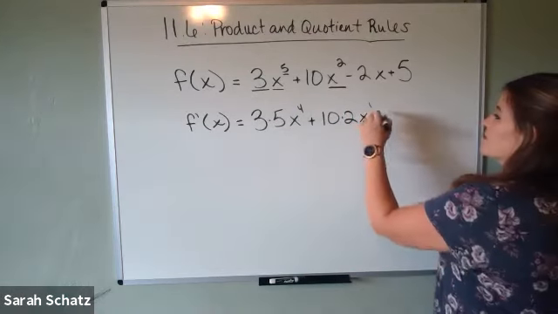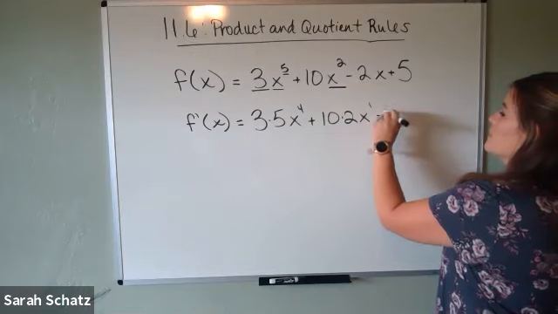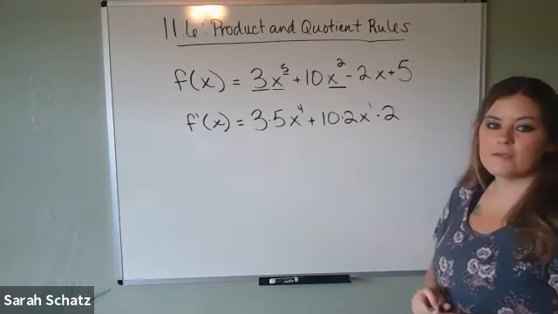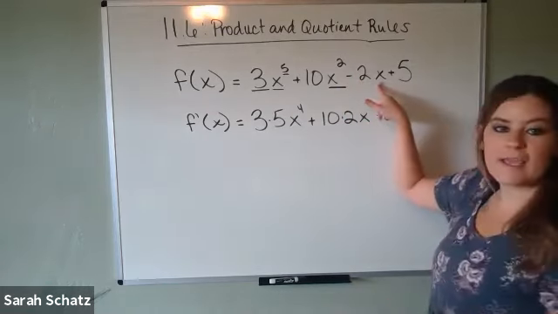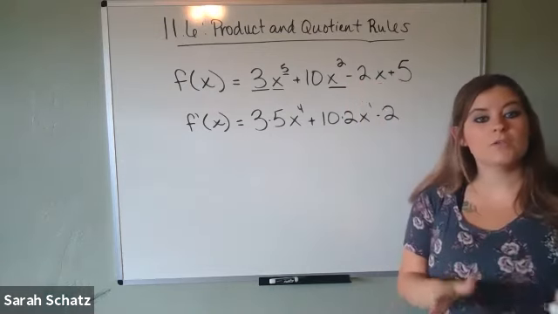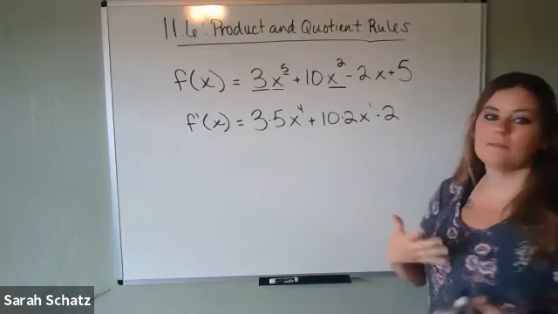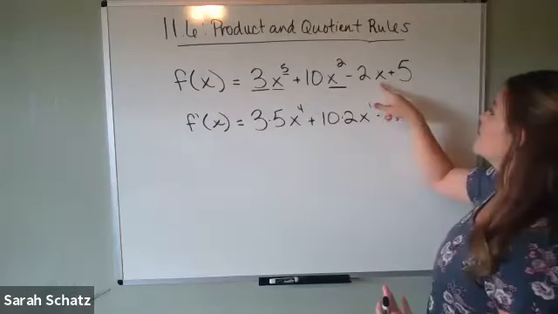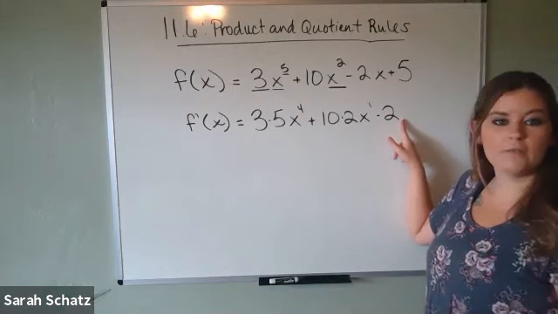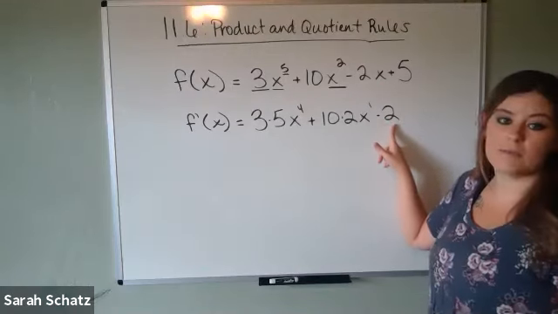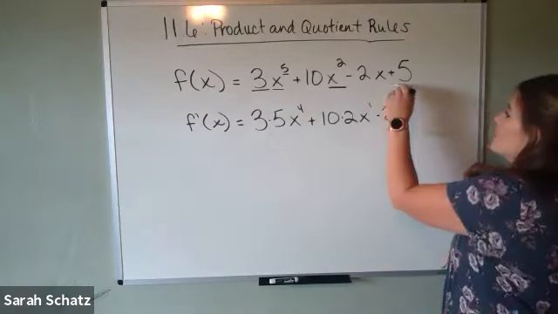On the 2x, so I have minus 2, because the coefficient comes down. Remember what happens to x. You take the derivative, and you remember you can use the power rule. You're going to get that x to the 0. But just knowing what we know, that x is going to turn into a 1 when we take the derivative. So really, this is just going to be minus 2. And then the plus 5.